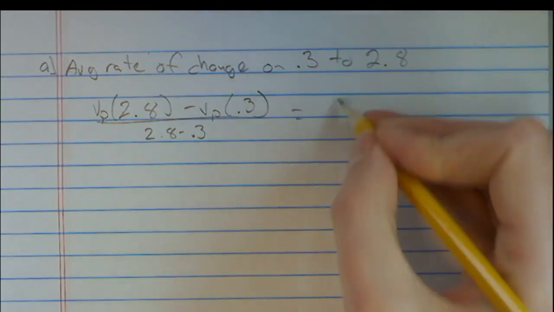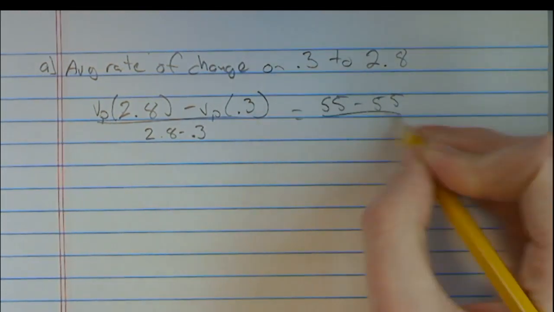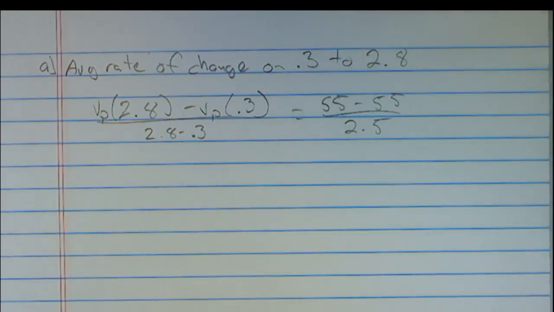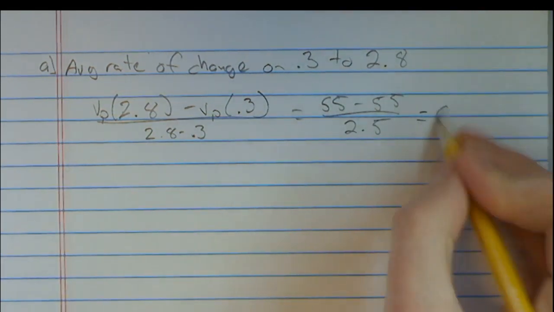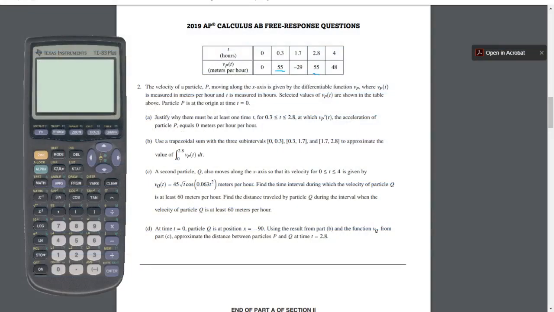So this is 55 minus 55 over 2.5. This is the average rate of change, which is 0. So on this interval, the average rate of change is 0.